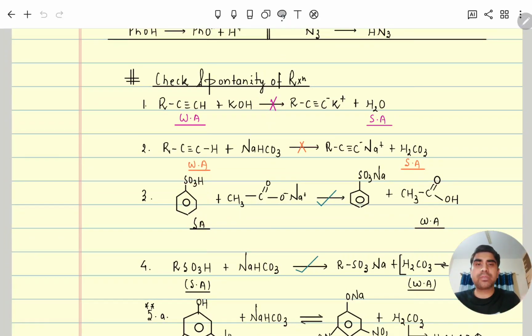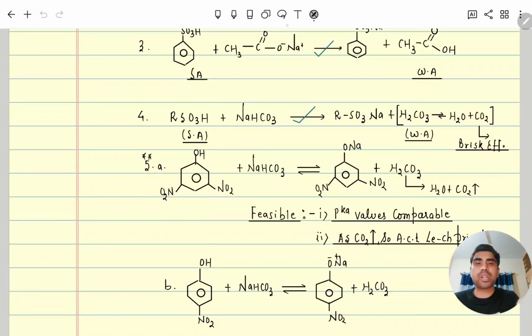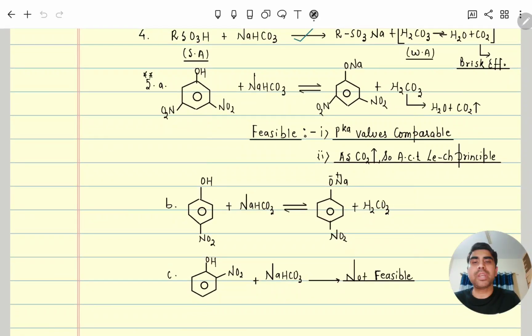Next, moving further, you can see this sulfonic acid reacting with bicarbonates. Yes, here also it is feasible because sulfonic acid is more acidic than H2CO3. Clear?